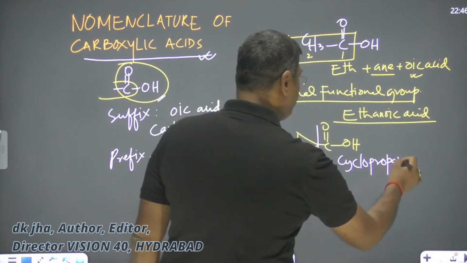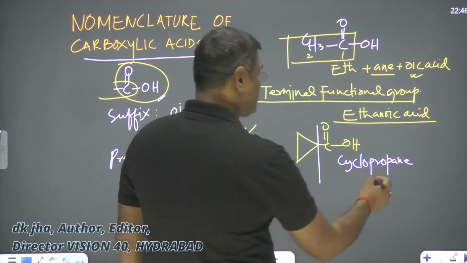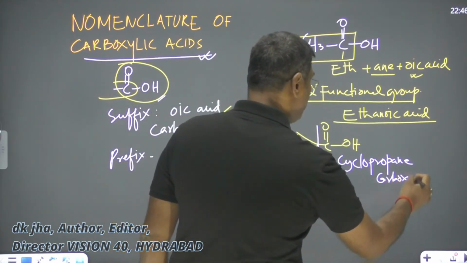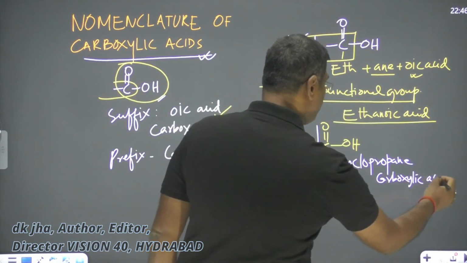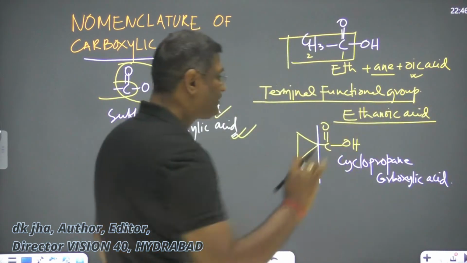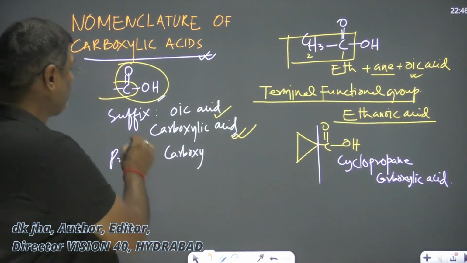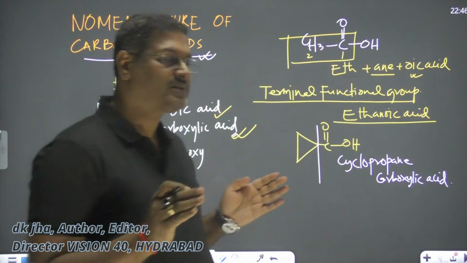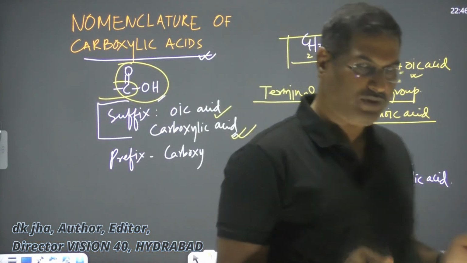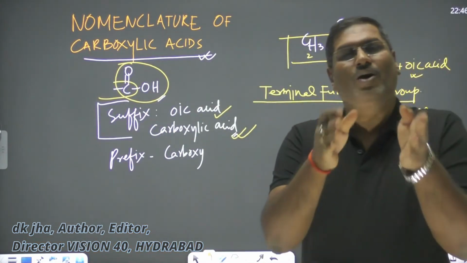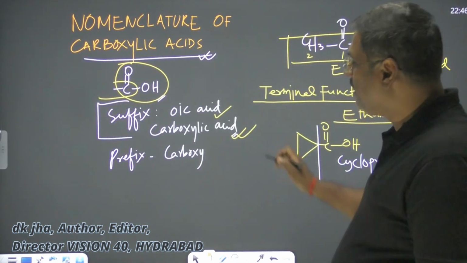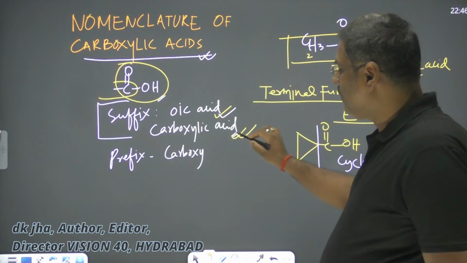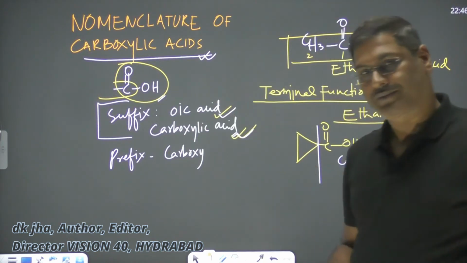Cyclopropane carboxylic acid. Understand this? So my intention is to explain the significance of the suffix, where and how to use "oic acid" and where and how to use "carboxylic acid".